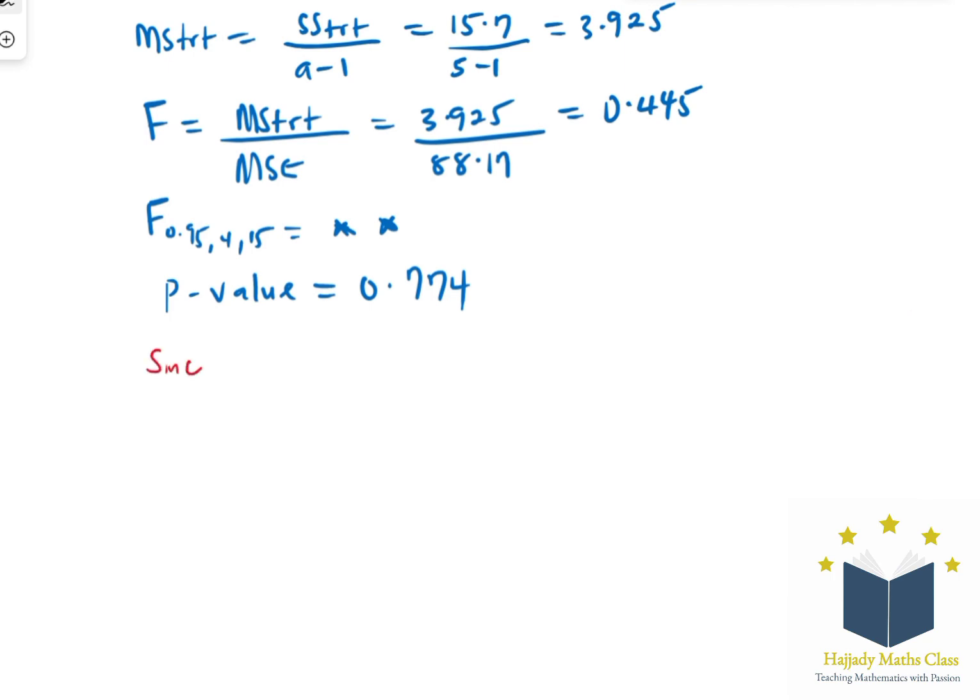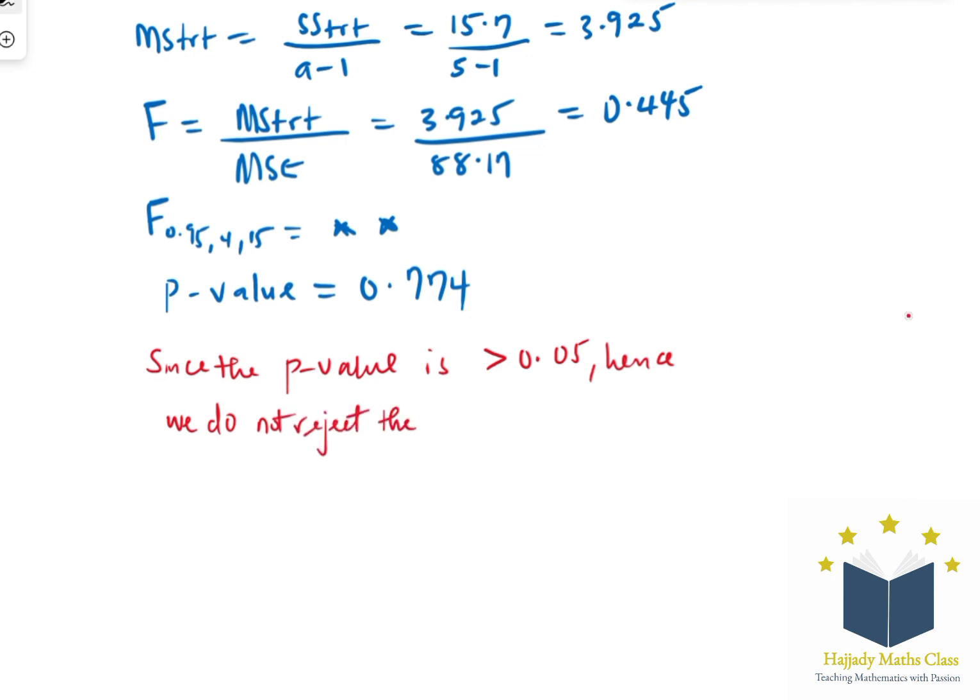Since the p-value is greater than 0.05, which is our alpha level, hence we do not reject the null hypothesis.